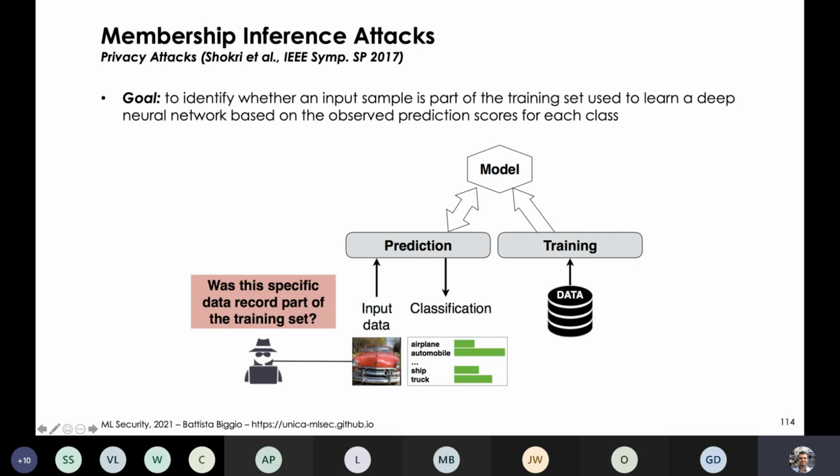Now, this attack is able to understand if the submitted image to the system, like this image of a car here, was part of the training set used to build the model, which is something that the attacker cannot directly observe, of course. And this is basically possible because when you train, especially deep neural nets, they tend to provide a very high confidence for the correct class and a very low confidence for the other classes on the training points. So let's say it's an artifact of how you train these models.